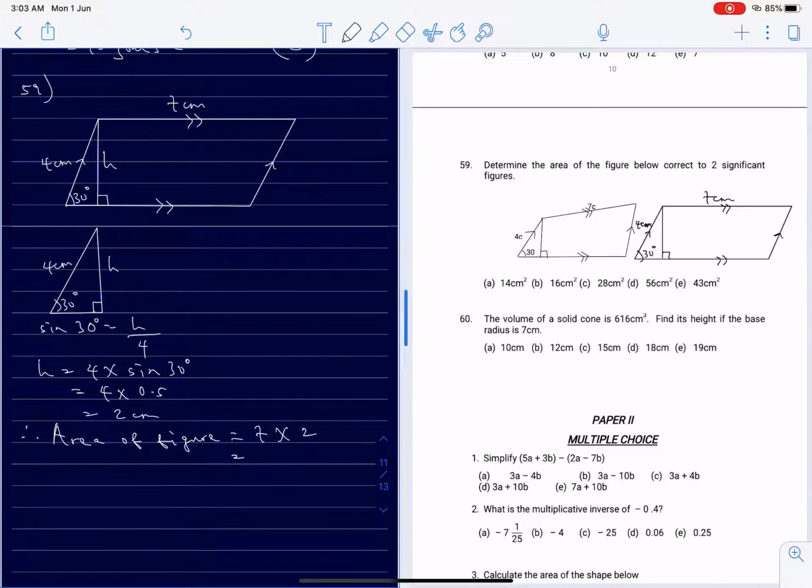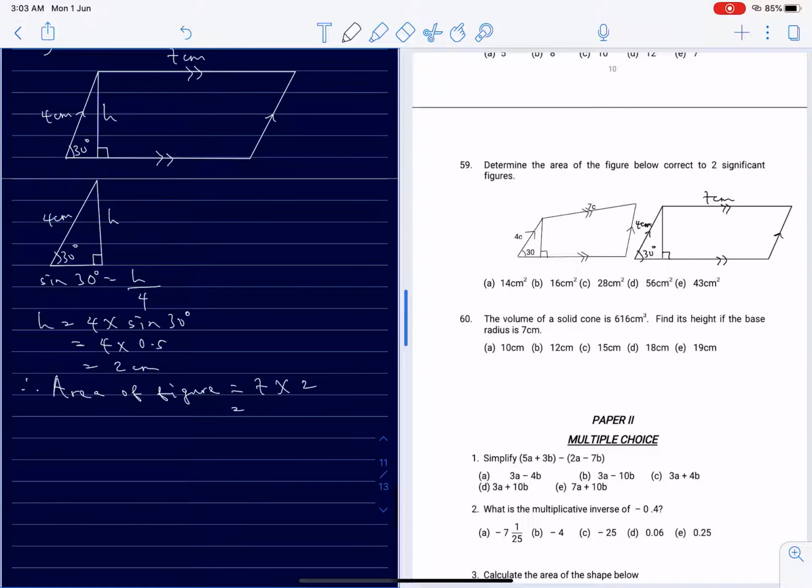I don't know why they said two significant figures, because it's already in 2 significant figures. So that's 14 centimeters squared. The area of the figure is 14 centimeters squared, and the correct option is A.